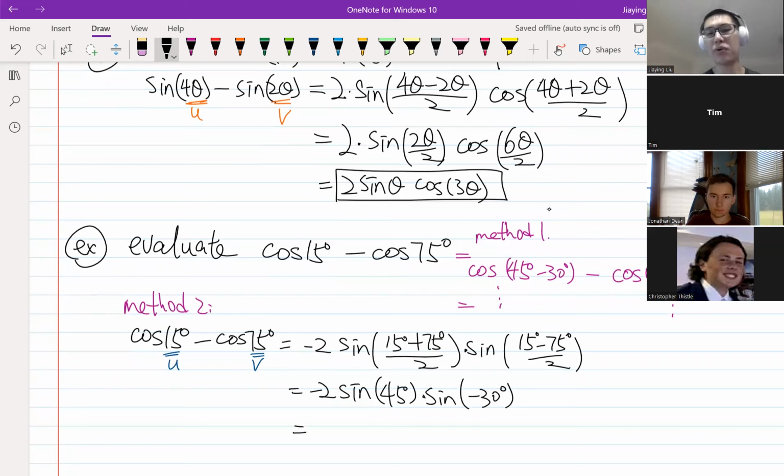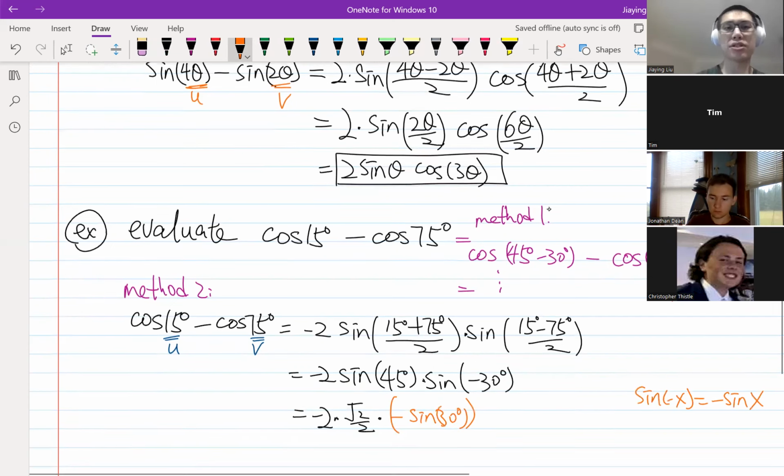As you can see at this point, we all know what sine 45 degrees is. So that's -2 times √2 over 2. And for the sine of -30 degrees, if you recall the negative angle formula, sine of -x equals negative sine x. So this second part becomes negative sine 30 degrees.